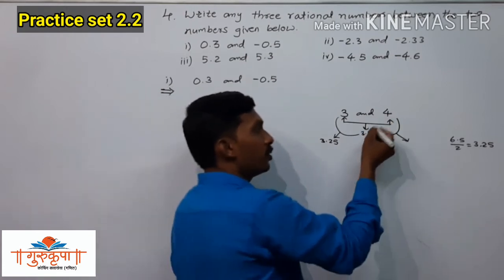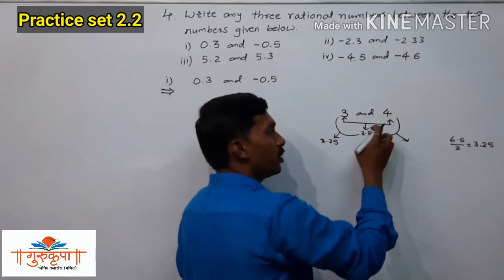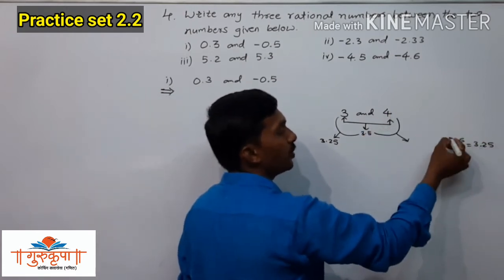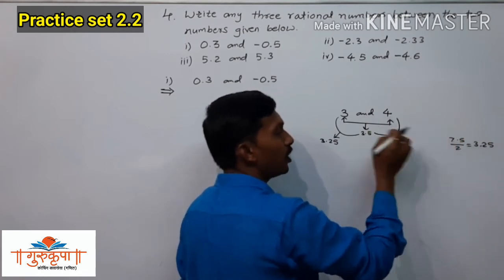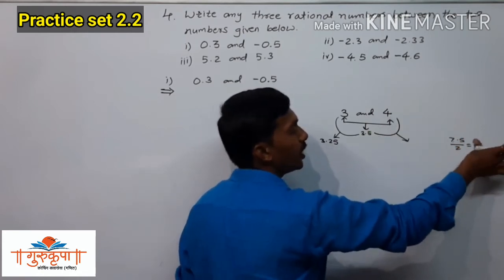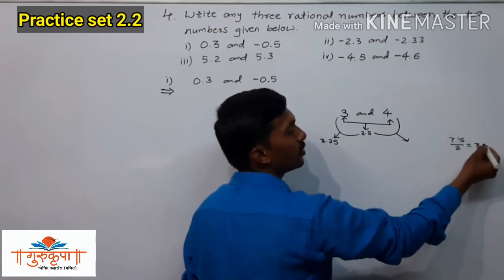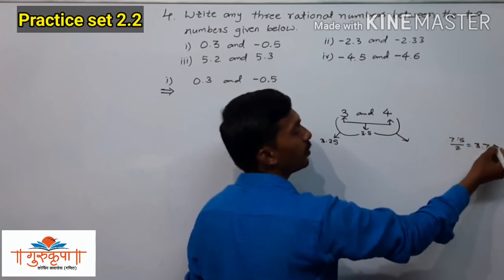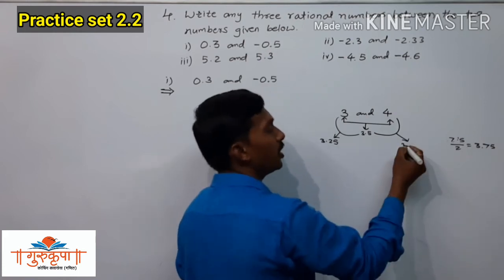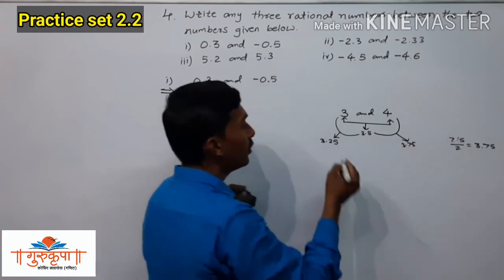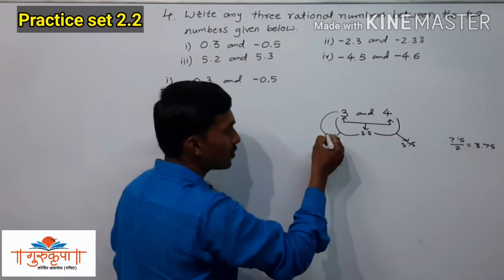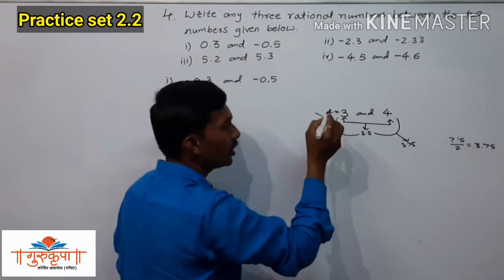Here we will get one more number between these two. 4 plus 3.5 is 7.5, divided by 2. 2 3s are 6, 1 carry, 2 7s are 14 and 2 5s are 10. So here you will get 3.75. Now between these two, you will get one more number.